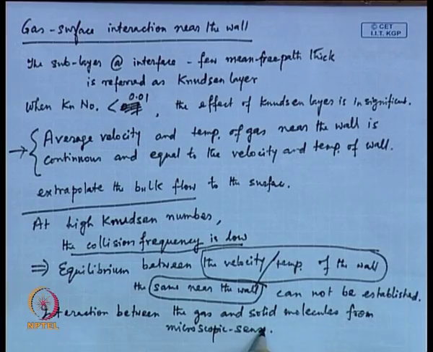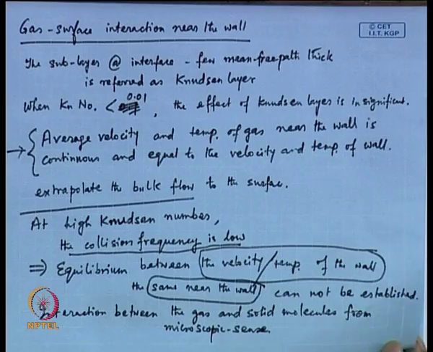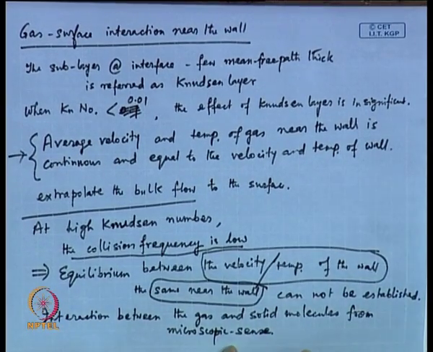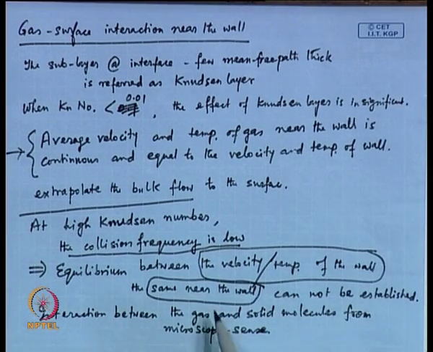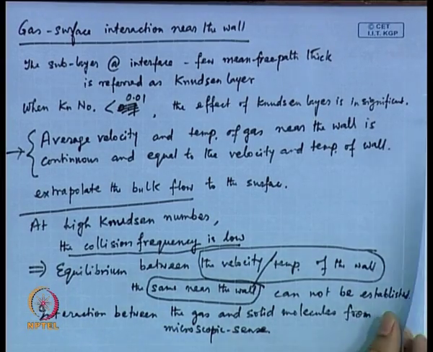I mean, not using continuum, rather you have to consider the collision, the interaction between gas and solid molecules from a microscopic sense, because equilibrium has not been reached. So, you cannot consider the velocity or temperature of the wall as the same for the fluid that is next to the wall.